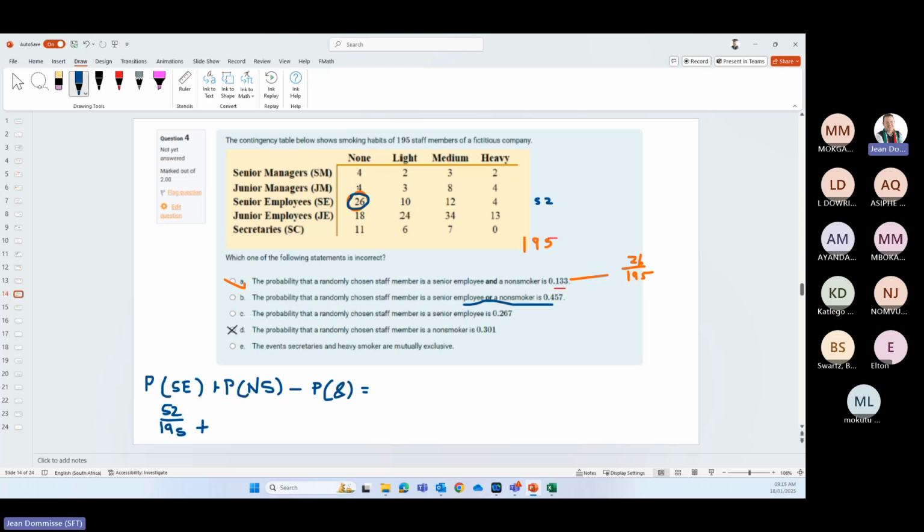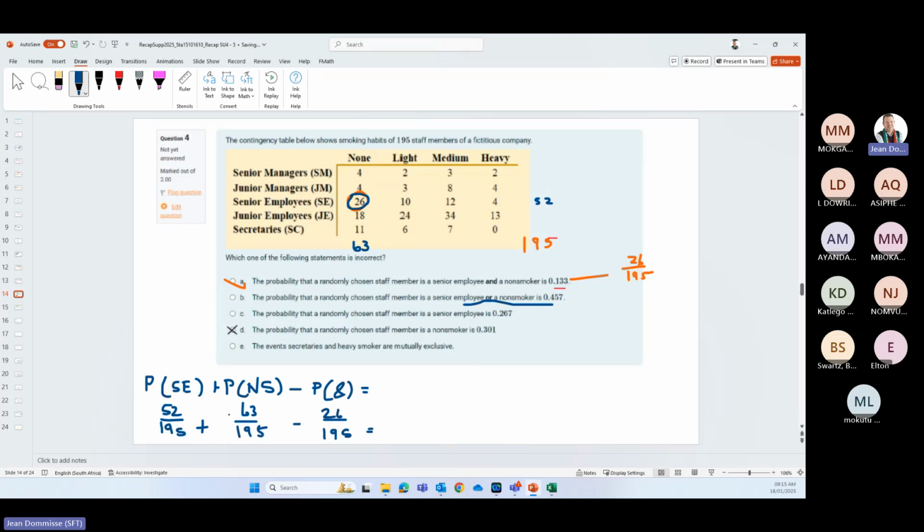So that's 4 plus 4 plus 26 plus 18 plus 11. So the probability of the non-smokers is 63 divided by 195. Then we already did the AND, that is 26 divided by 195. And that will give us the total answer of the OR.